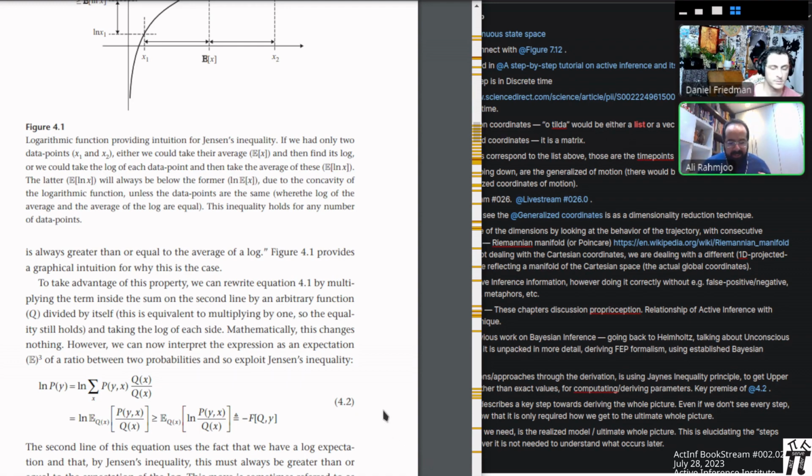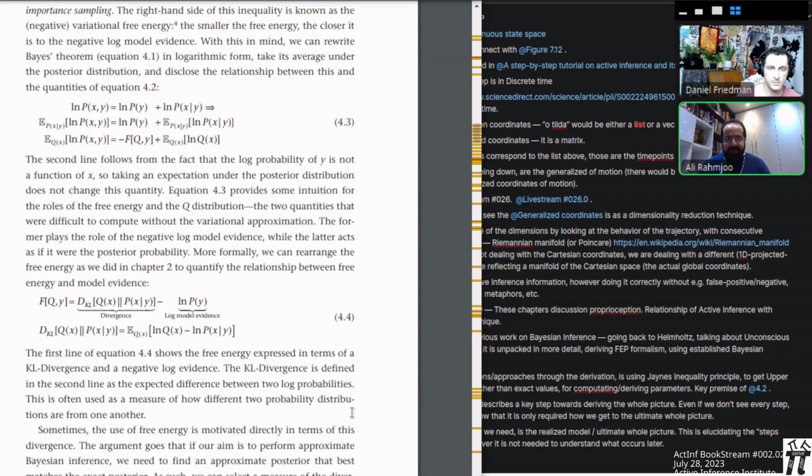And then by using those two properties, or those two equations, we ultimately get to 4.4, which is the definition of the variational free energy parameter, which is the parameter of interest that needs to be optimized in order for inference to happen, or at least perceptual inference to happen in active inference models.